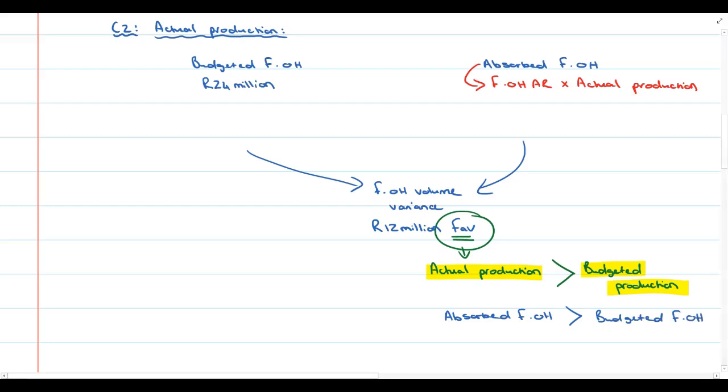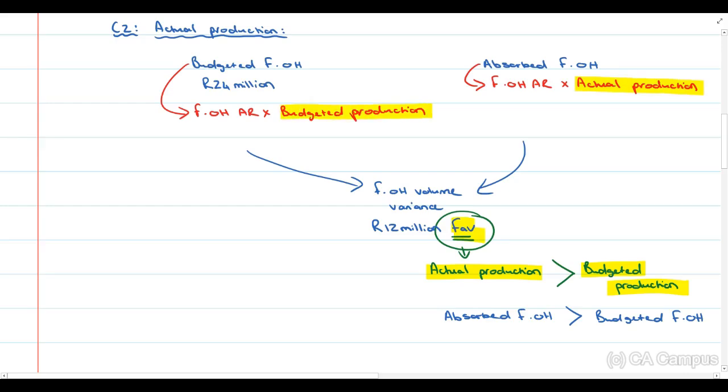Okay, because the budgeted fixed overhead over here would be calculated by taking the fixed overhead allocation rate and multiplying by budgeted production. So if the volume variance is favorable, it means that actual production must be greater than budgeted production, which means that the absorbed fixed overhead must be greater than the budgeted fixed overhead.